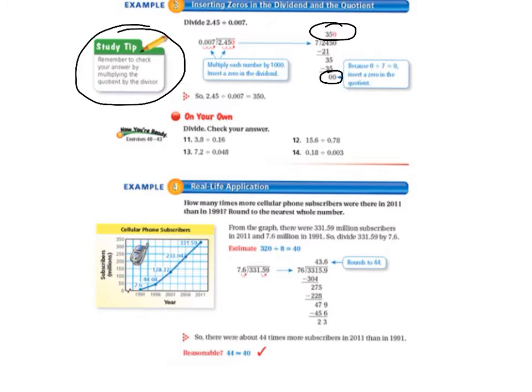Example 4 is your real-life application. How many times more cellular phone subscribers were there in 2011 than in 1991? Round to the nearest whole number.